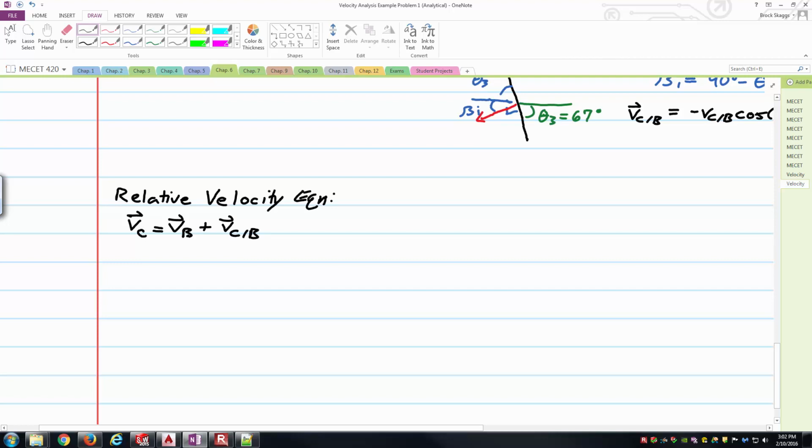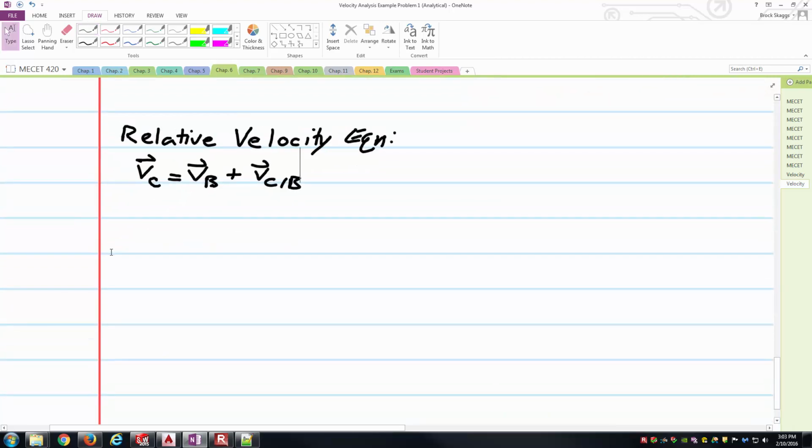One thing we know is that if the relationship is true at the vector level, it also has to be true at the individual component levels. So I can write the same equation just looking at the i components and the same equation just looking at the j components. And what we'll need to do for this specific example is we'll basically need to be able to solve those resulting scalar equations simultaneously in order to come up with our desired magnitude of the velocity of c.